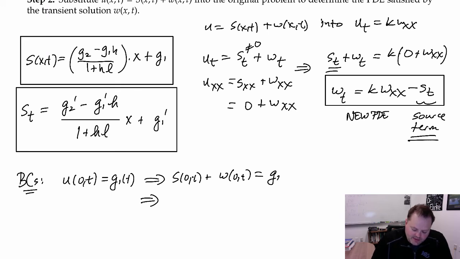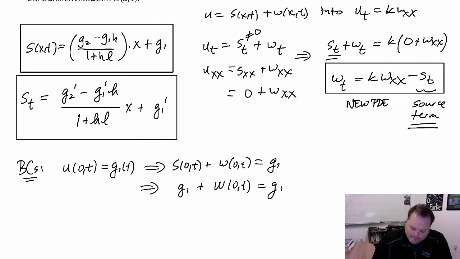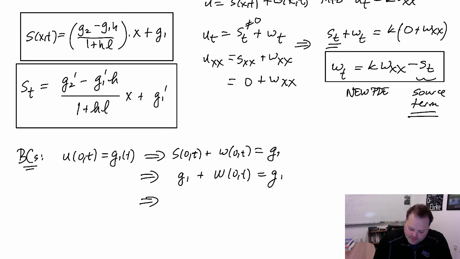So here's s. If you make x equal to 0 here, you just get g1. So this is easy enough. W of 0t is just going to be 0. So there's our first boundary condition for w.